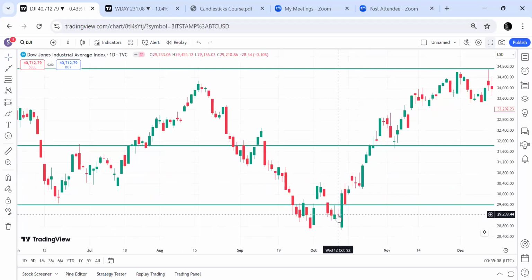On 12th October 2022, when the price falls, and then if any candle forms, if the bearish pin bar candle forms, irrespective of color, it can be green, it can be red, it is an inverted hammer. It forms after a price decline, I mean, when the market direction is downwards.